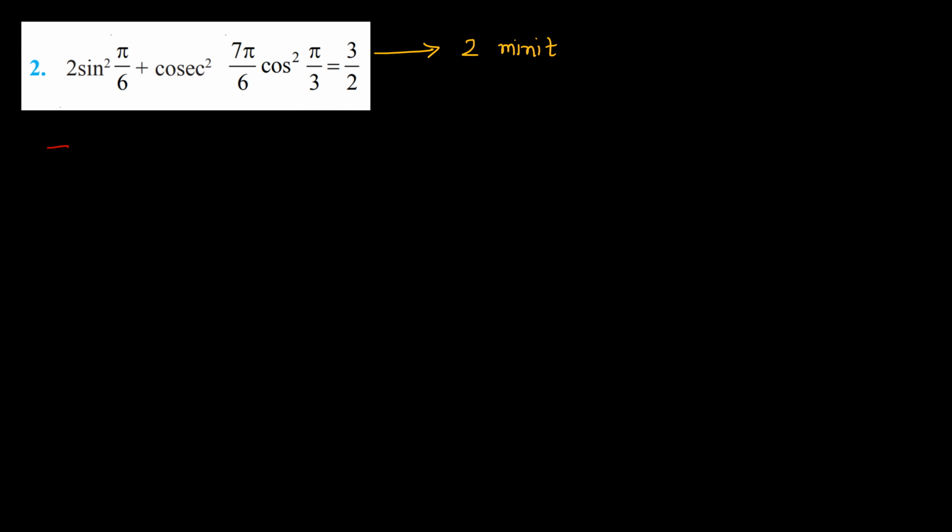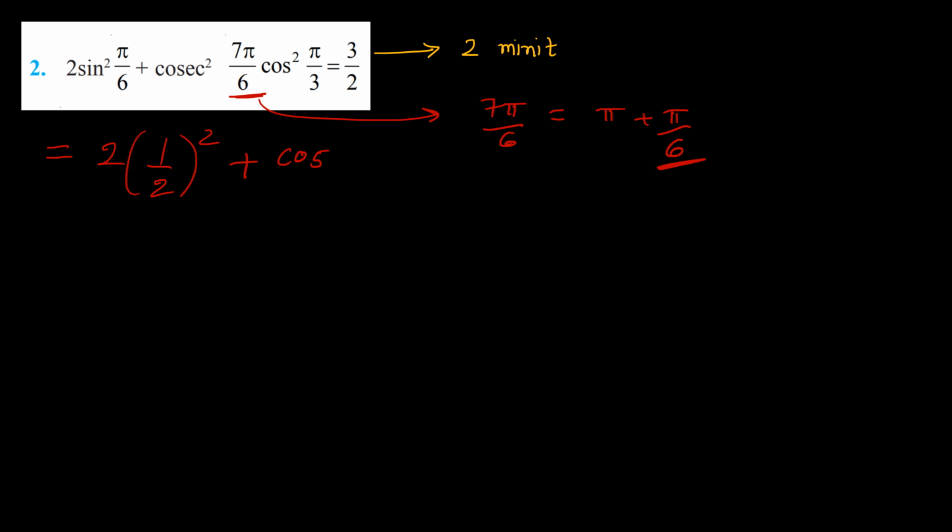So in this question, let us take the value of sine pi by 6, which is, as we know, 1 by 2 square. Plus, here we need to split 7 pi by 6 into two parts, let us say pi plus pi by 6, so that we can get the pi by 6 value of the cosecant. So we put here cosec square of pi plus pi by 6, multiplied with cos square pi by 3.